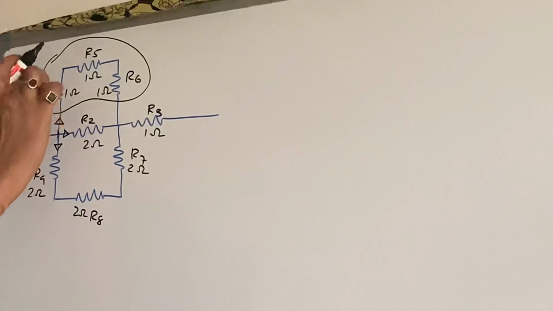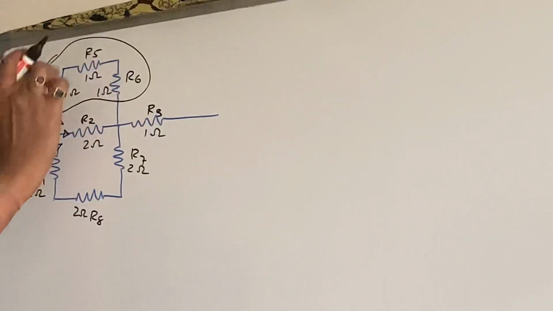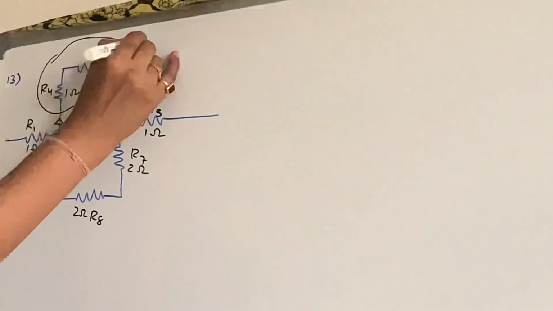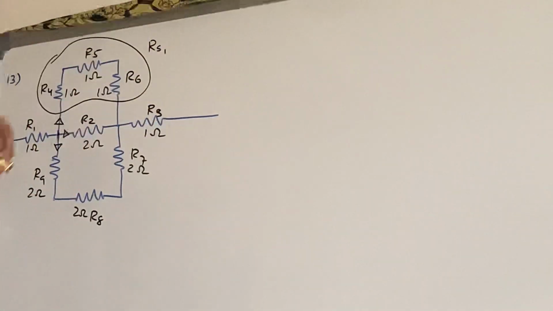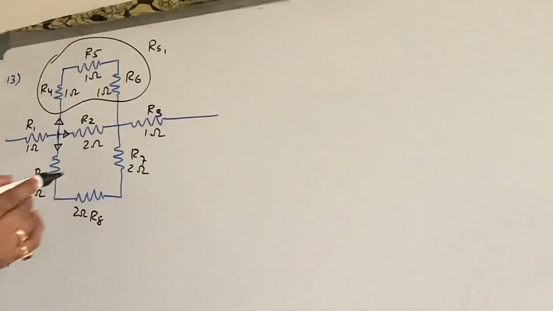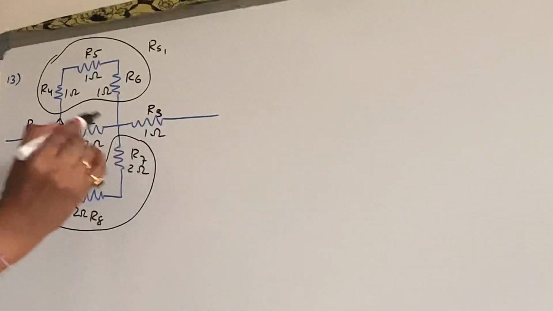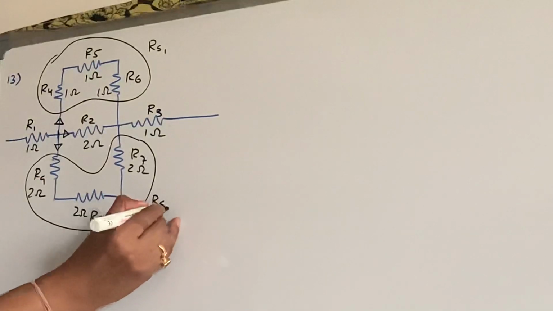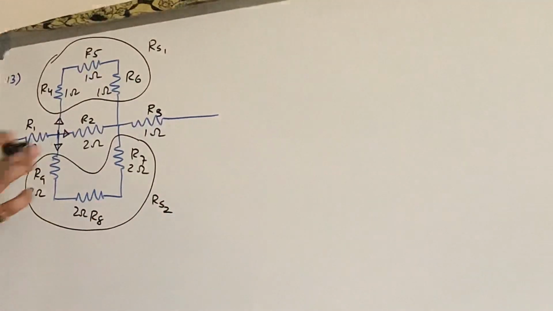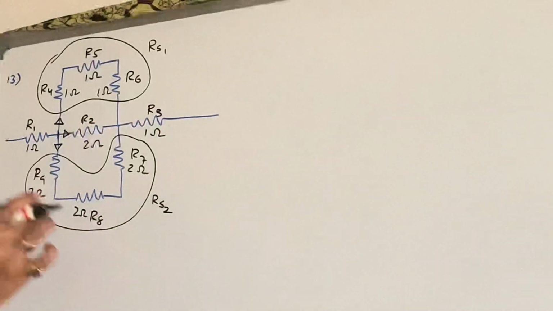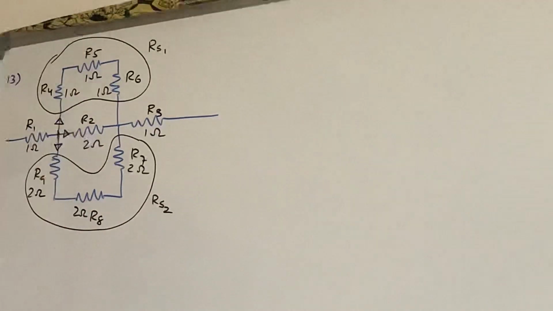Now the same current will pass through all these three because it has only one path. So let the three resistors connected in series be called RS1. Similarly, these three resistors R7, R8 and R9 are in series. Let it be RS2. And then these three are in parallel.